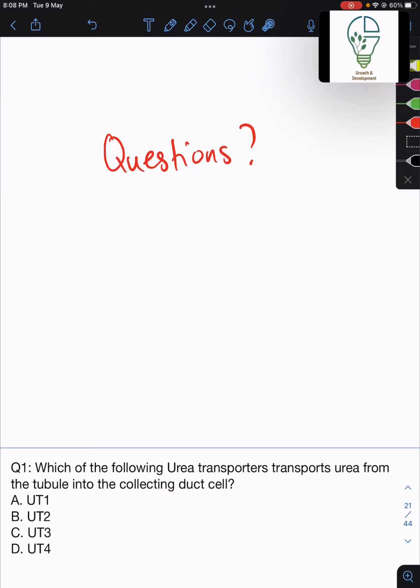I shouldn't have said, I just realized I made a mistake. This shouldn't say collecting duct cell, just keep it as cell. So sorry about that. Which of the following urea transporters goes from the tubule into the cell?